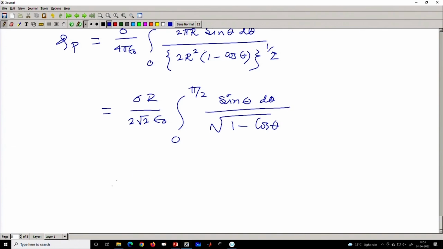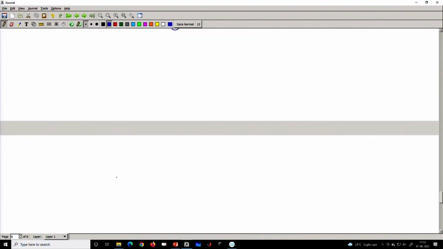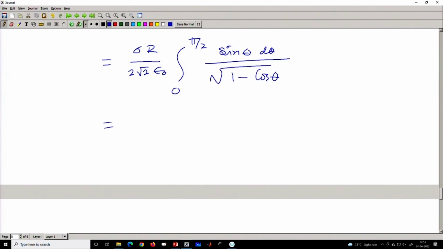Okay. So, that thing is, because I can write sin theta d theta as d of cos theta, and then the rest of the thing I calculate.